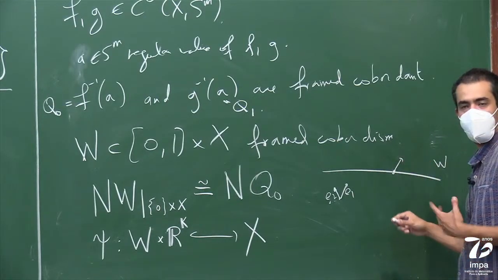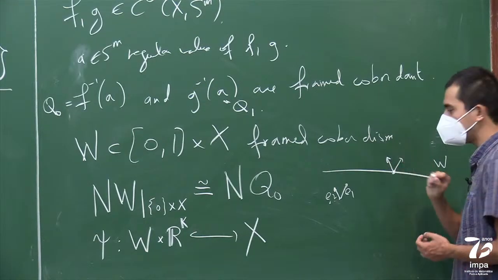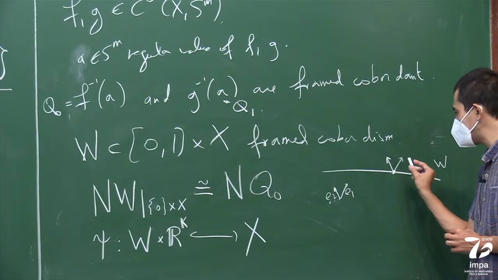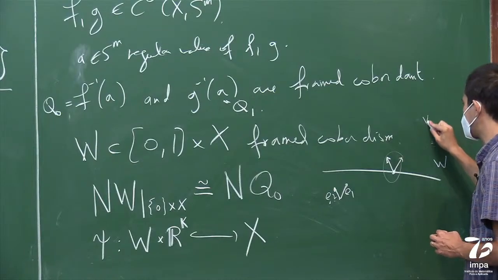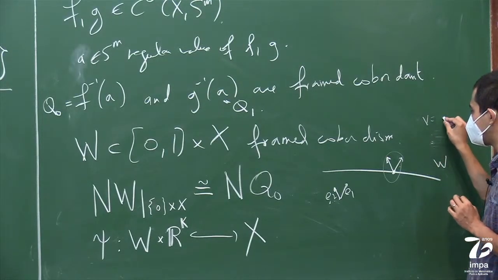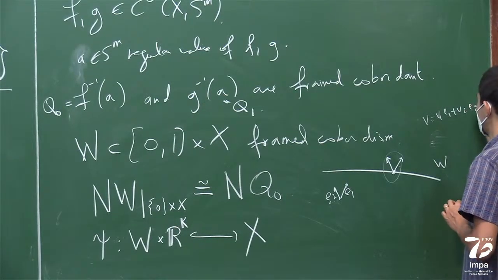I have said this several times in the last 2 lectures, but if I have a basis of the normal bundle, then I can say, given any vector in R2, that I can write this vector as v1 e1 plus v2 e2.